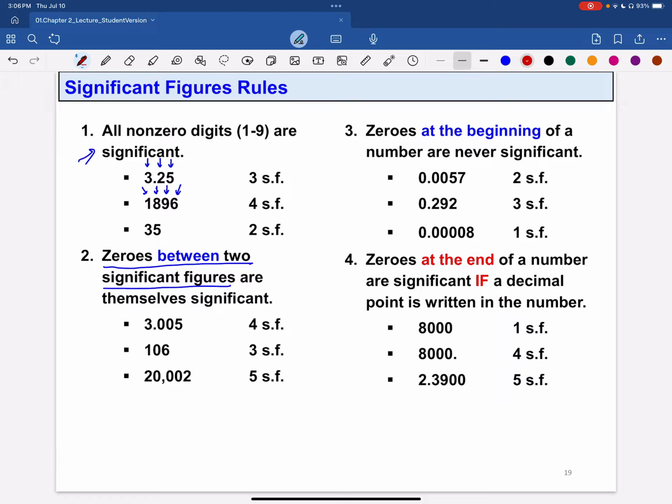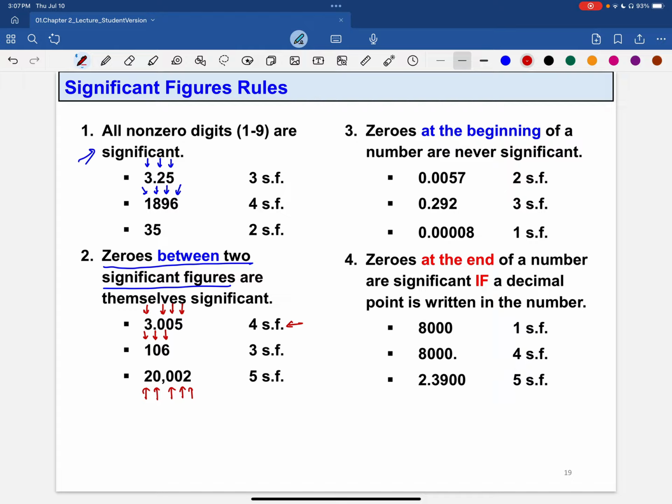For example, 3.005 has 1, 2, 3, 4, so 4 significant figures. 106: the 0 is between 1 and 6, so 1, 2, 3, 3 significant figures. 20,002: you have three 0s between two 2s, so 1, 2, 3, 4, 5.